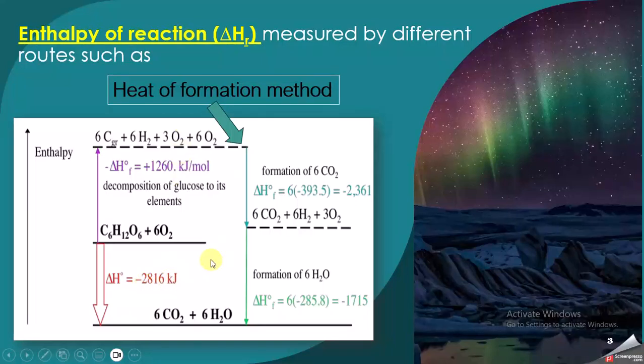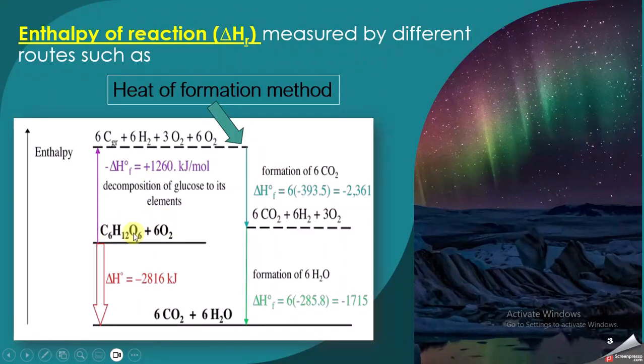We can measure this enthalpy of reaction by a method called the heat of formation method. In this method, we measure the heat of formation of glucose, which is a positive value. As you can see, this purple arrow going up shows the positive energy.